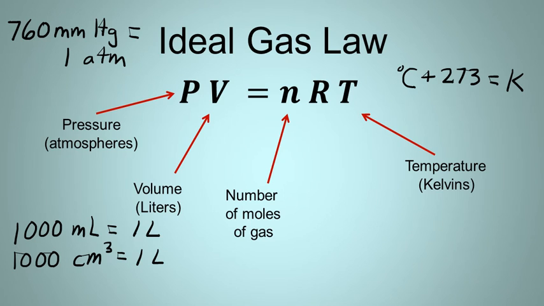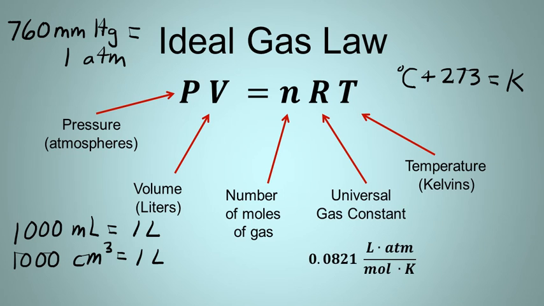Now that leaves us with R. And R is a ratio. If you take any ideal gas, you can find the ratio between its pressure and volume divided by its moles times temperature, and you'll always get this ratio, which is sometimes abbreviated R. And that ratio is called the universal gas constant. And in chemistry, it's always the same number. It's always 0.0821.